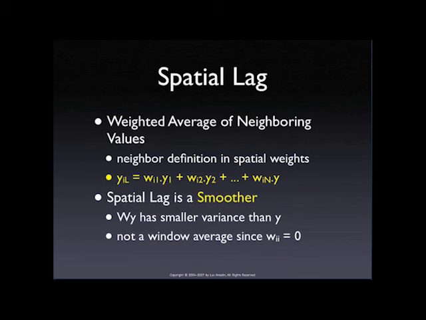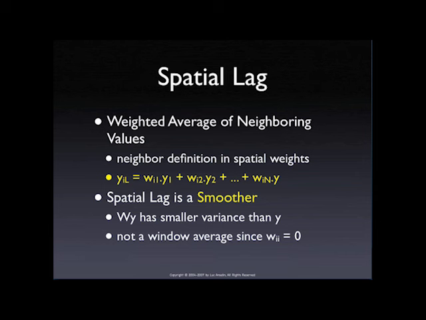This is not quite the same thing because, as we saw yesterday, the diagonal elements of the weights matrix, the self-neighbor type elements, are 0 by convention. So it's an average of the neighbors only. It doesn't include the variable itself. The traditional notion of a window average includes all the observations in the window, so that would include the observation i itself, so to speak. But in this notion of a spatially lagged variable, because of the structure of the weights matrix, the diagonals are 0, so the observation itself is not included in the averaging.